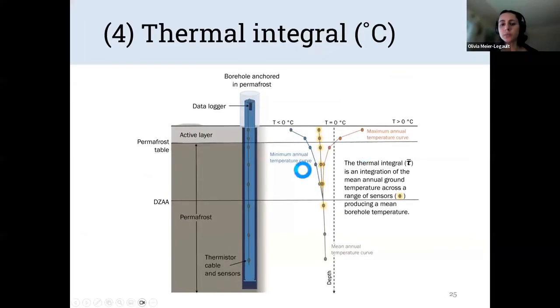Yeah, so what you would do is calculate the mean annual ground temperature across a range of sensors. So starting at the ground surface, I would calculate mean annual ground temperature at every sensor down to, let's say, 10 meters deep.